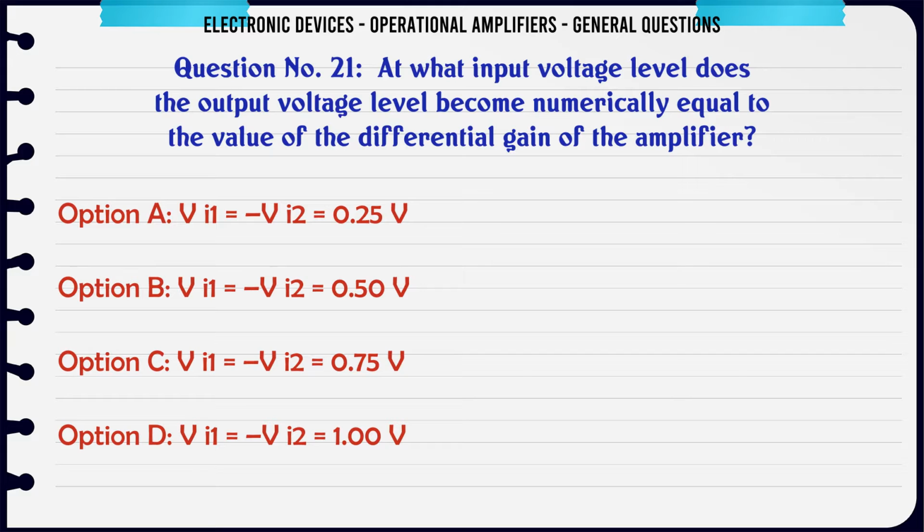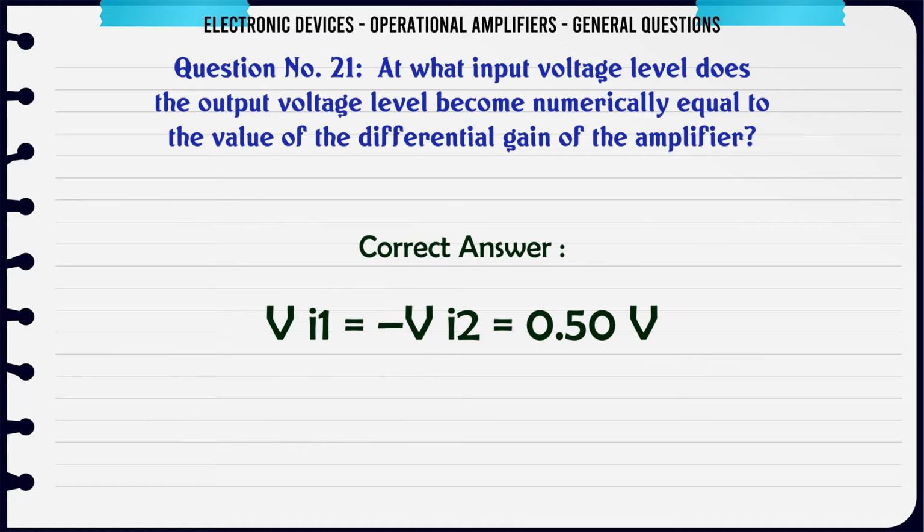A. Vi1 - Vi2 = 0.25 V. B. Vi1 - Vi2 = 0.50 V. C. Vi1 - Vi2 = 0.75 V. D. Vi1 - Vi2 = 1.00 V. The correct answer is Vi1 - Vi2 = 0.50 V.